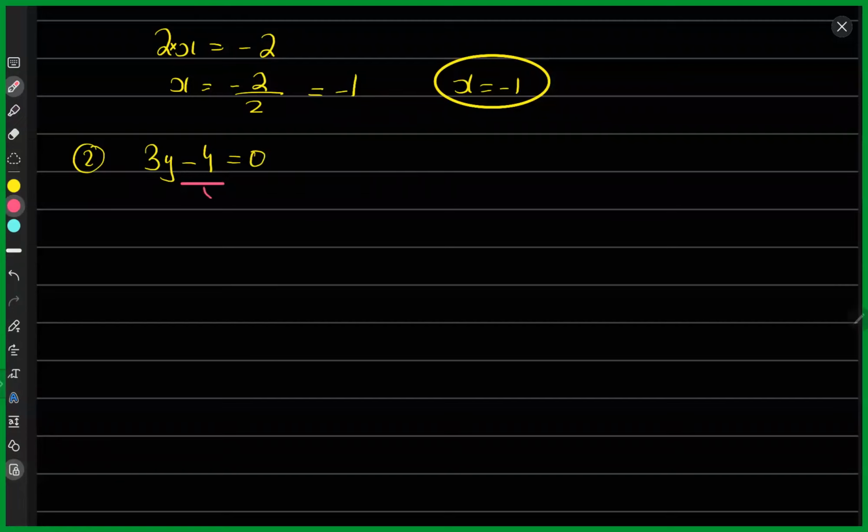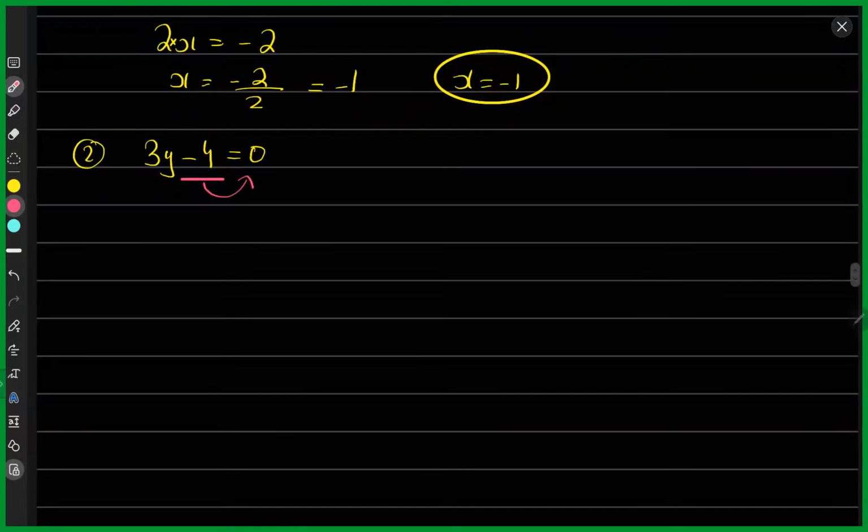I need to take this minus 4 on the other side, and this is going to become 3y equals 4. Now I have 3 and this 3 is being multiplied by y. So I need to get rid of this 3. Since it is being multiplied on the left side, it would be divided on the right side. So it would become y equals 4 by 3. So this is going to be the answer.